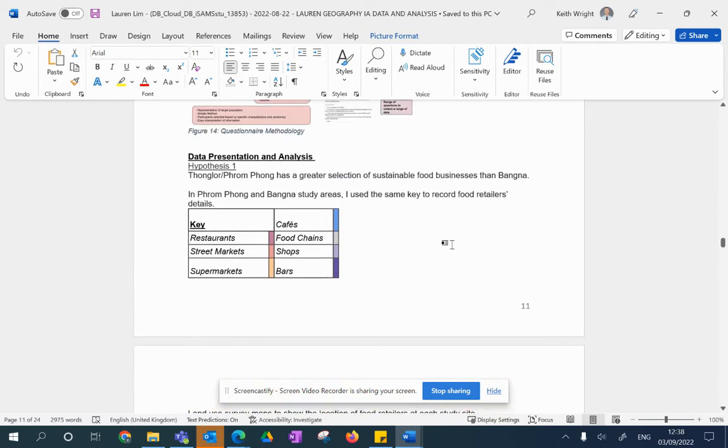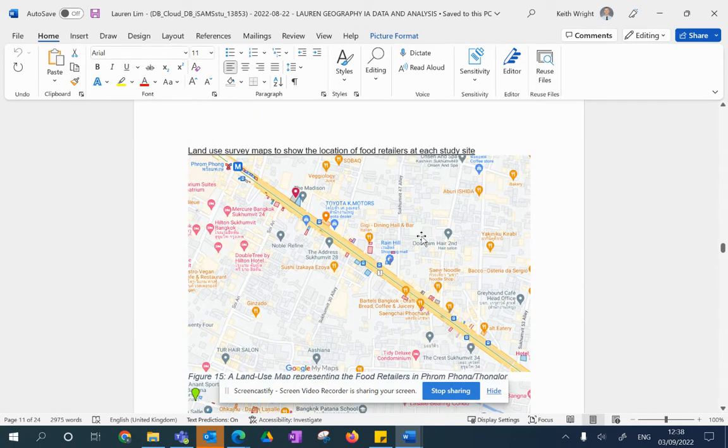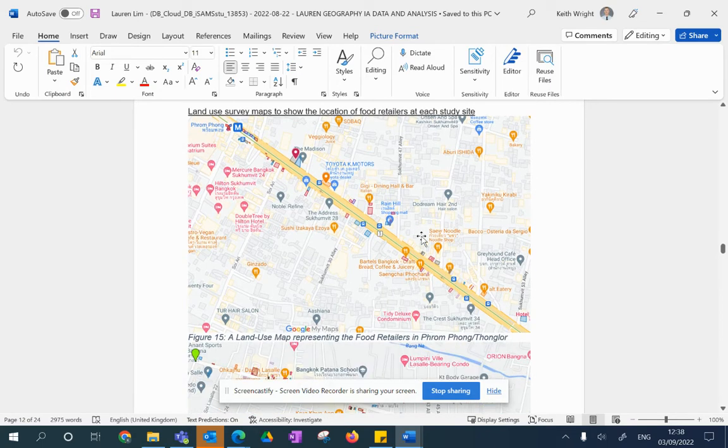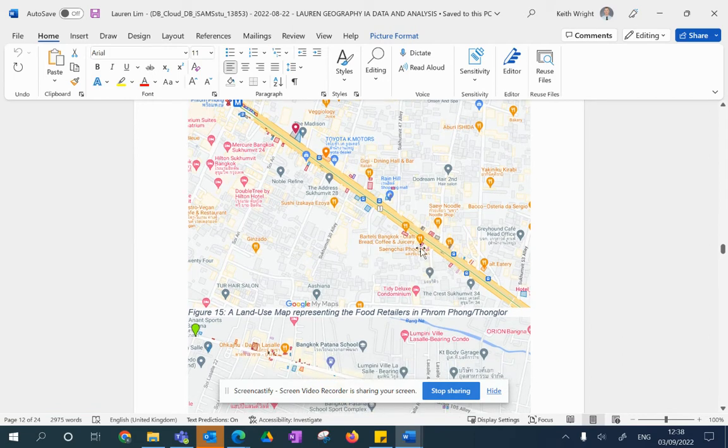Okay, I'm going to skip to the data presentation and analysis. Maybe repeat the hypothesis here. So is that your color there? It's hard for me to tell.